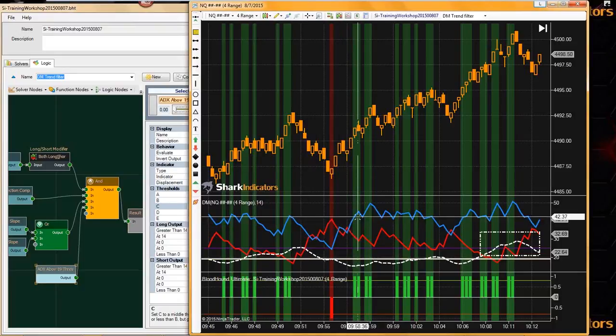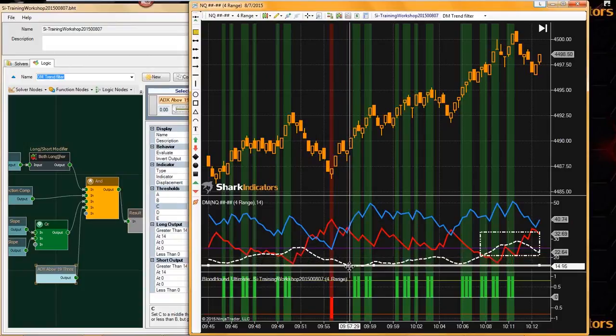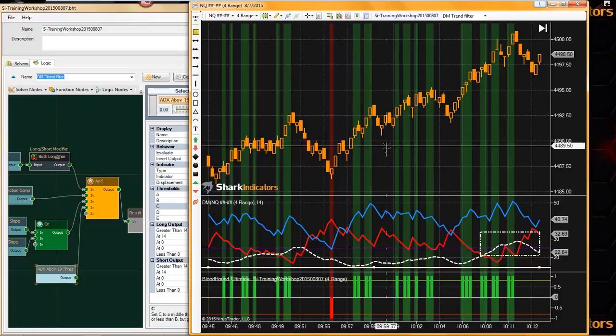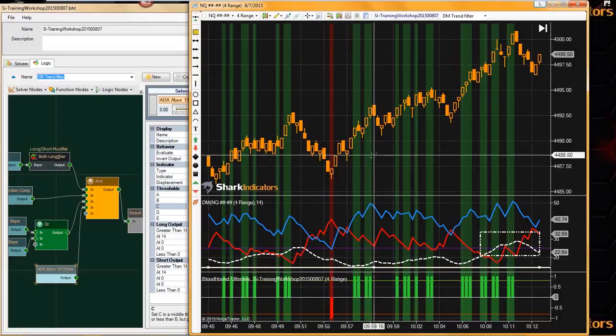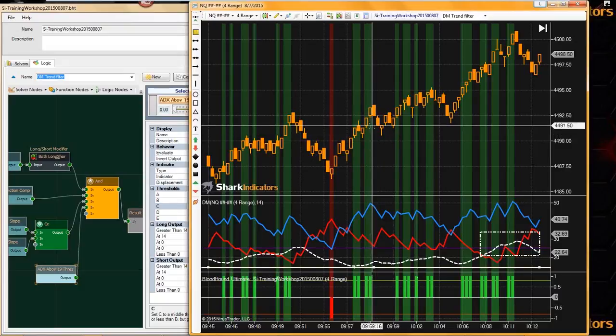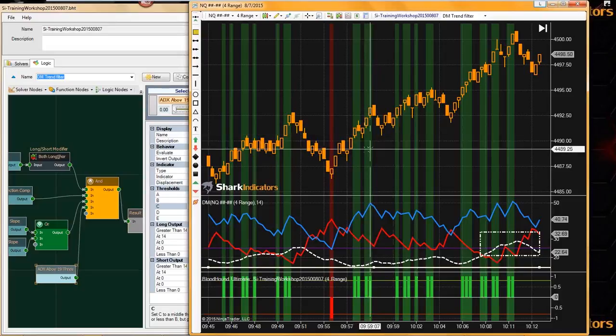So you have to play around with your indicator settings and your threshold settings to find what works with the chart that you're using. Another suggestion from John is he doesn't use this on the triggering chart. He uses it on other time frame charts, as a filter on a higher time frame, not as the actual trigger.